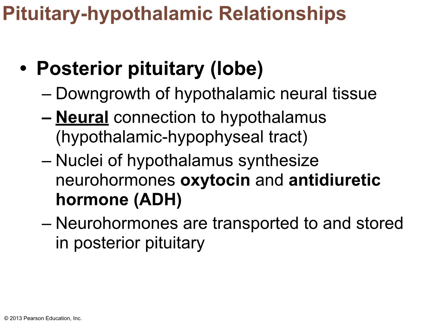As we said, the posterior pituitary is neural tissue, so its connection to the hypothalamus is going to be a neural connection. It's going to be via the hypothalamic hypophyseal tract. Now, the hypothalamus makes lots of hormones, but it's going to make two specific hormones that it's going to store in the posterior pituitary. Those two hormones are oxytocin and ADH, which is antidiuretic hormone, also known as vasopressin.